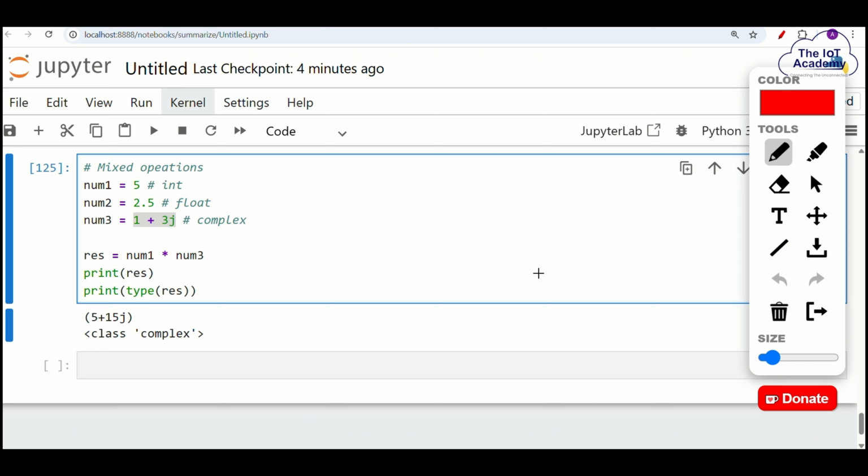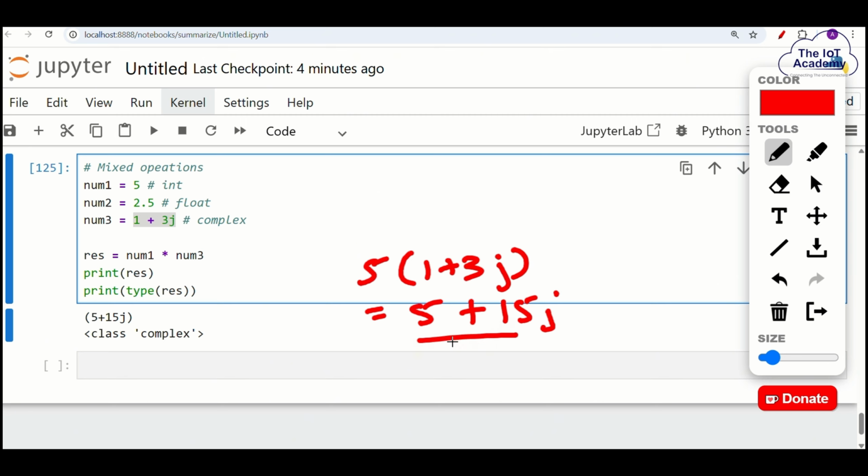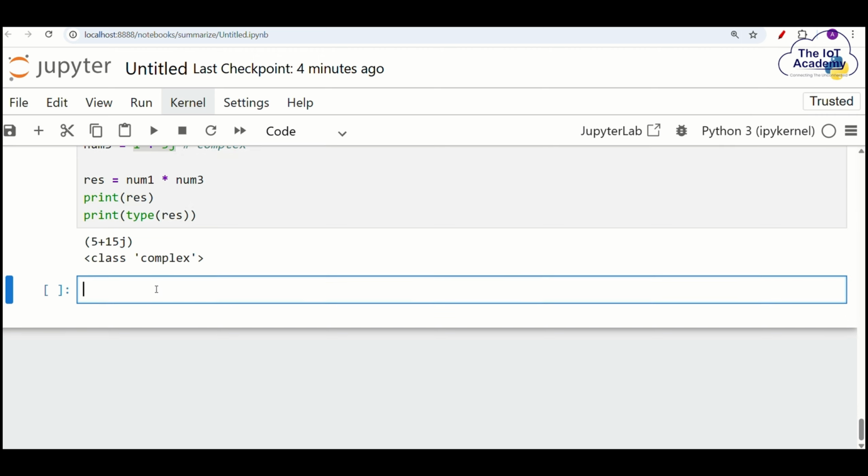You're taking 5 multiplied by 1 plus 3j, and the answer would be 5 times 1 is 5, plus 5 times 3 is 15, and j, so the answer is 15j. And this is how you come across 5 plus 15j, right? Let's move this thing out of the way.